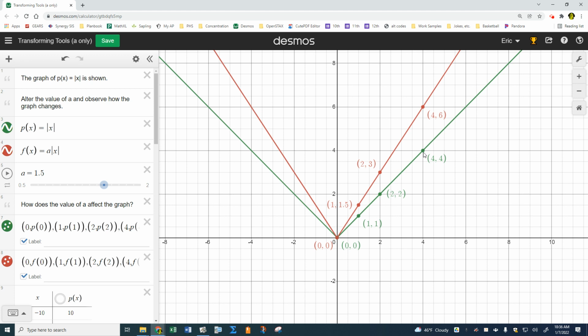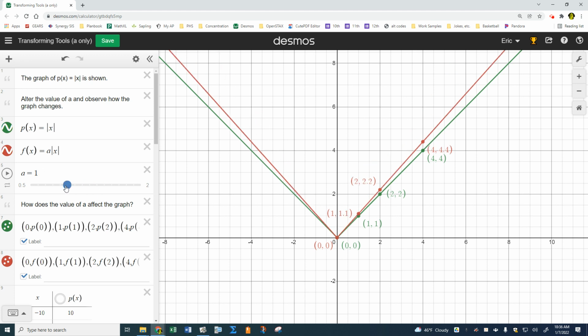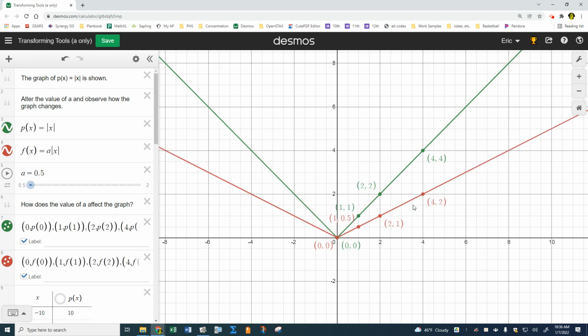What's 1/2 times 4? Oh, 2. Okay, there we go. So if I pull this back down to 0.5, look what it did. From the vertex, if an ant goes over 4 to the right, he's going to go up 4 times A, which is 0.5, so it's only going up 2. It squashes it down. Okay, everybody good?